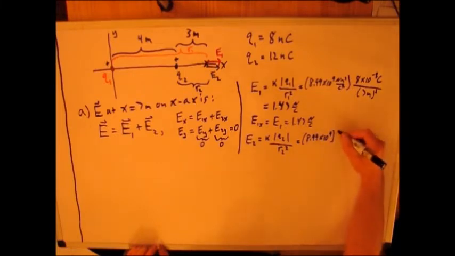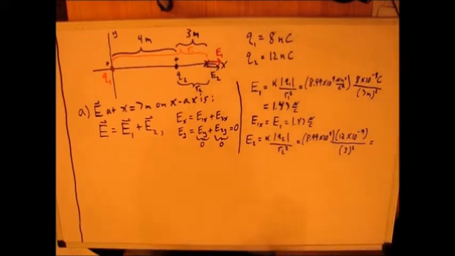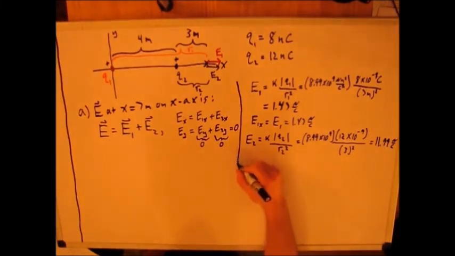Absolute value of Q2 is 12 times 10 to the minus 9 coulombs, divided by the square of that distance R2, 3 squared. If you plug in the numbers and calculate it, you get 11.99 newtons per coulomb. So that's the magnitude of E2.